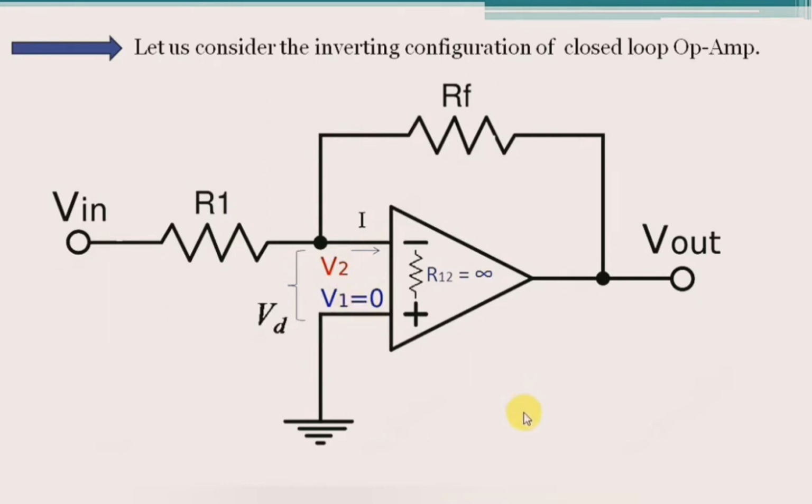Also, the most important point here is how the input current entering the op amp terminals is 0. In the upcoming concept we are going to see how the input current entering the op amp terminals is 0, and how the node voltages at the inverting terminal and the non-inverting terminal of the op amp are equal.